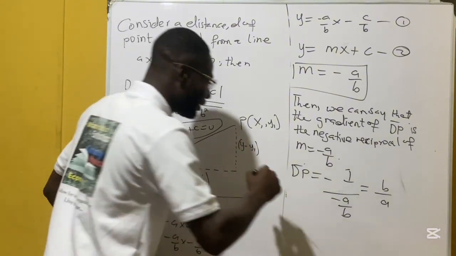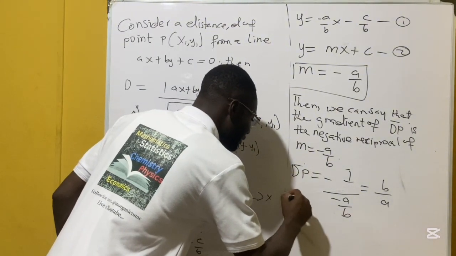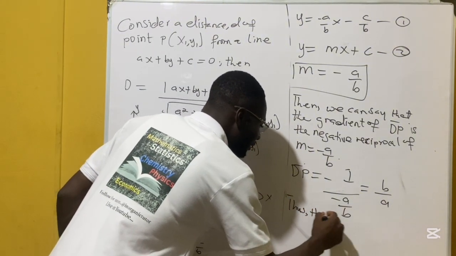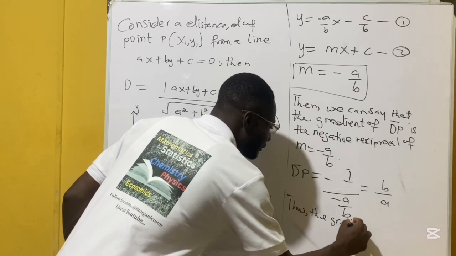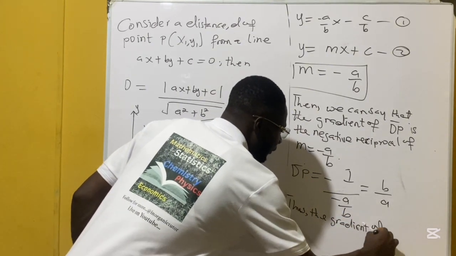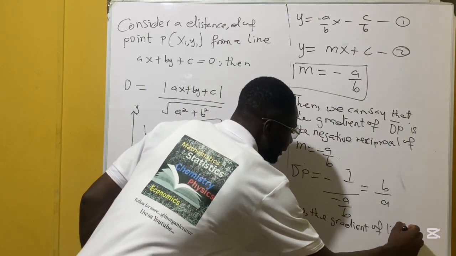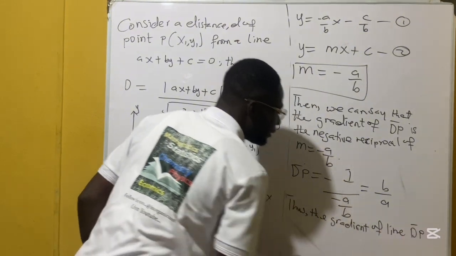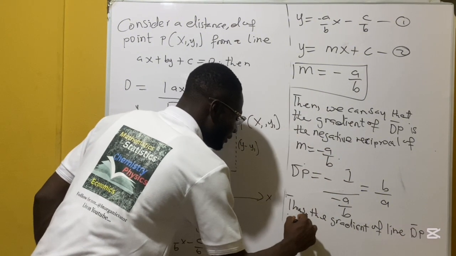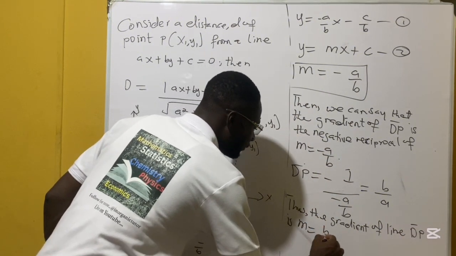So the gradient of line DP is m equals b over a.